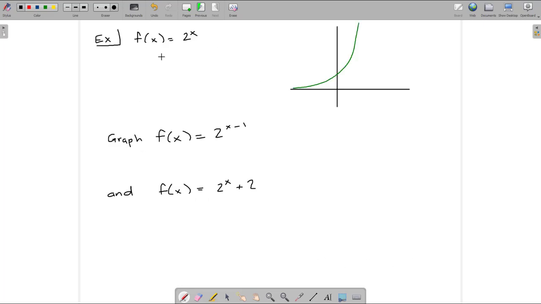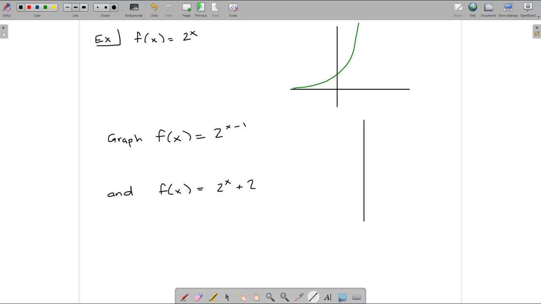So let's go ahead and take a look at an example of what shifting an exponential graph looks like. If I take the graph f of x equals 2 to the x, the one that we've been looking at, we remember that it looks something like this over here. So let's say that I wanted to graph f of x equals 2 to the x minus 1.